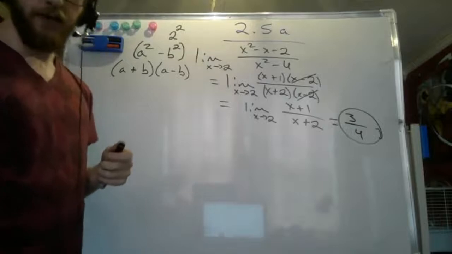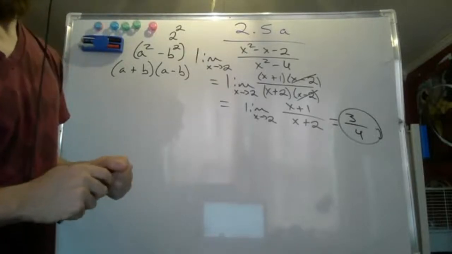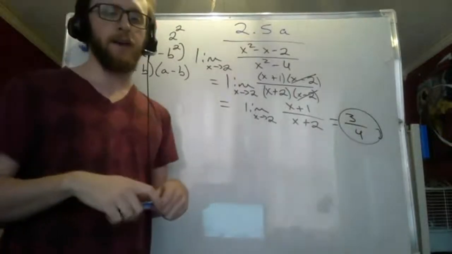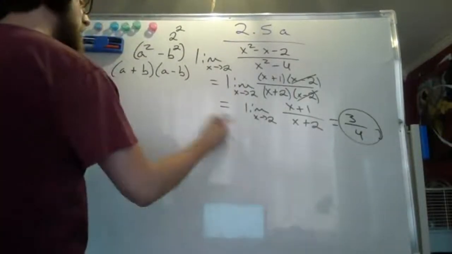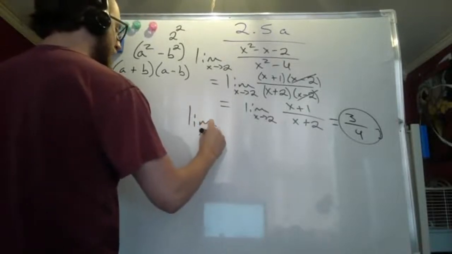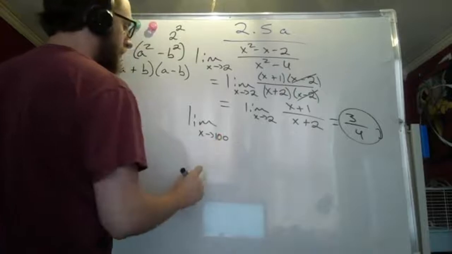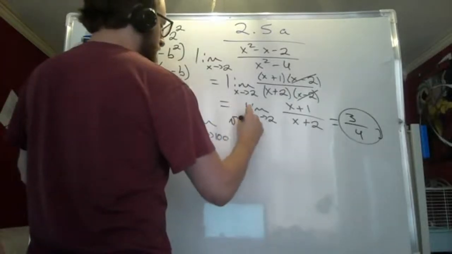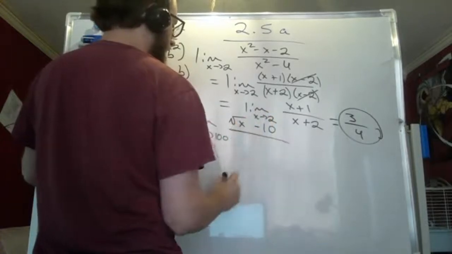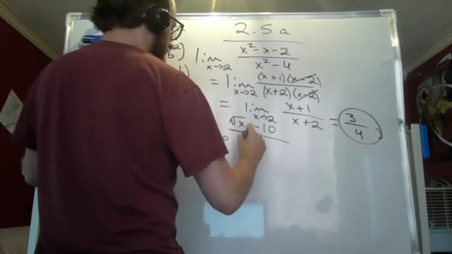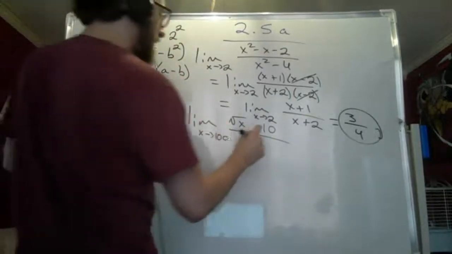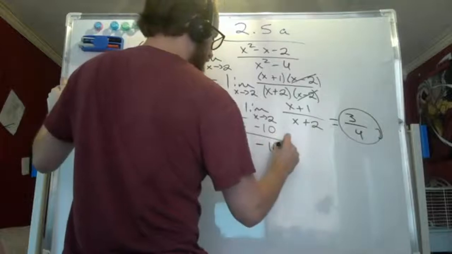So let's keep going. Let's look at another example that uses the same kind of trick, but is not easy to pick out. So let's suppose we have the limit as x goes to 100 of the square root of x minus 10 divided by x minus 100.